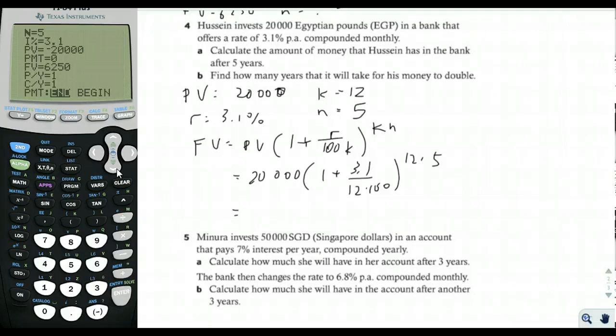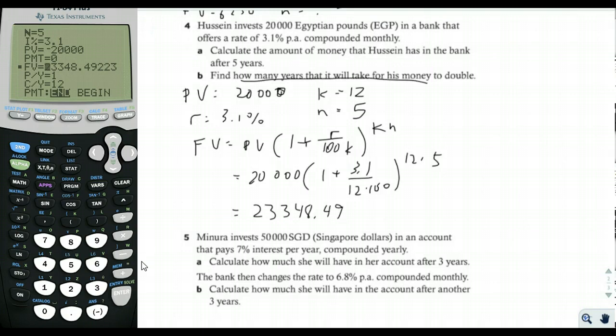Future value, we don't know. K is compoundings per year. We put 12. Okay. And then we go up to the future value, which we don't know yet, and we're going to put alpha, enter to solve for it. And it gives us 23,348.49.